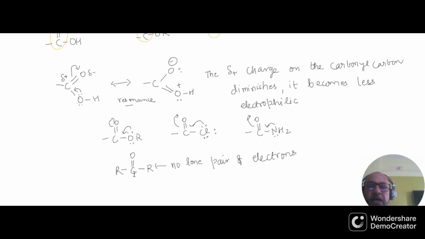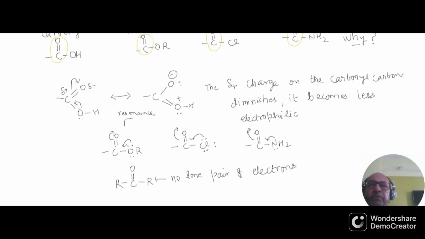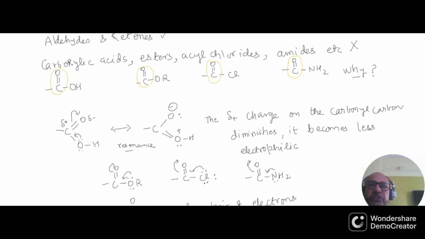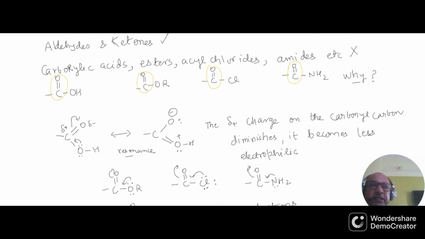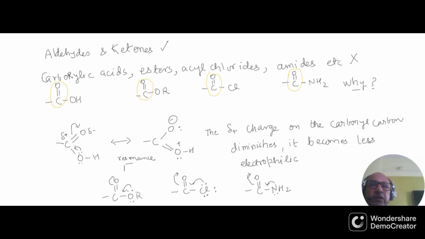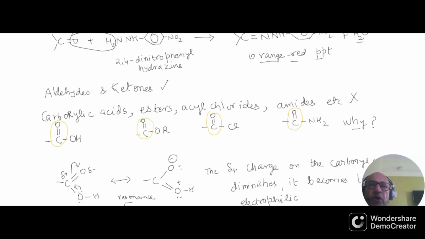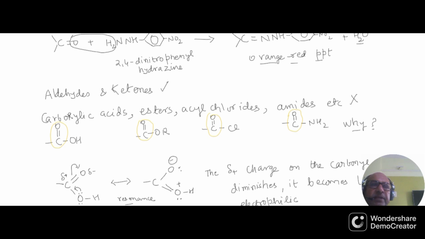Therefore, the positive charge on this carbon is not diminished, and therefore it shows the reactions typical of aldehydes and ketones, whereas the carboxylic acids, esters, amides, etc., have a lone pair of electrons on the atom next to the carbonyl group, which diminishes the charge on the carbon, and therefore these compounds do not behave exactly like aldehydes and ketones, and they do not respond to the 2,4-DNP reagent test.